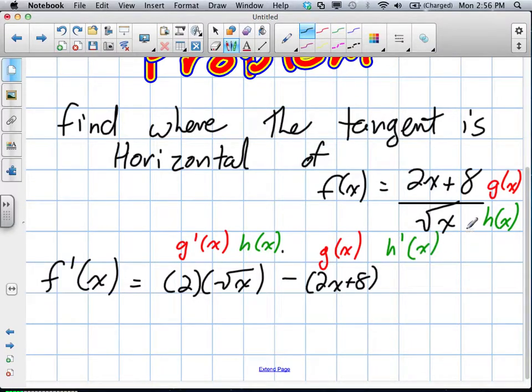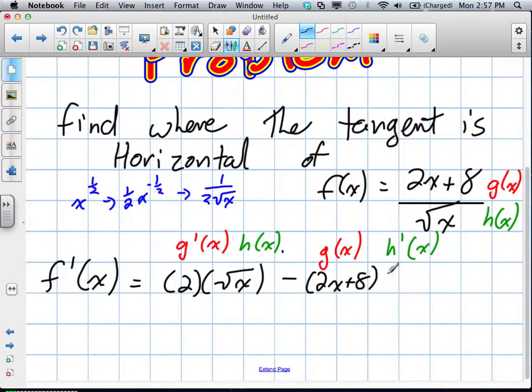Now, this one's a little tougher. This is a root, so technically we'll do this in blue over here, x to the half. When I derive that, we get a half x to the negative half, and technically those aren't equal, so I won't write that. I can rewrite that as 1 over 2 root x, because a half exponent is a root, and if it's negative, we just put it on the bottom of the fraction.